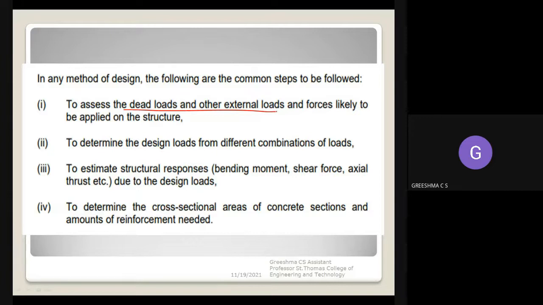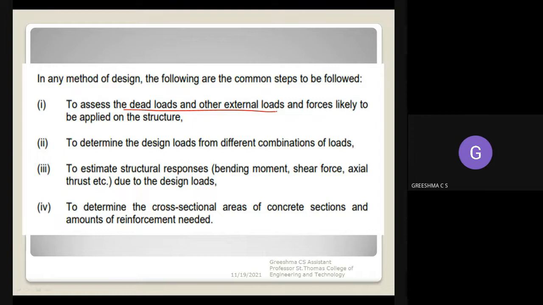That self weight is called as dead load, because it is not moving, it is static. Then all the load that is acting, the people will be coming, people will be going. There are so many benches, desks, tables.